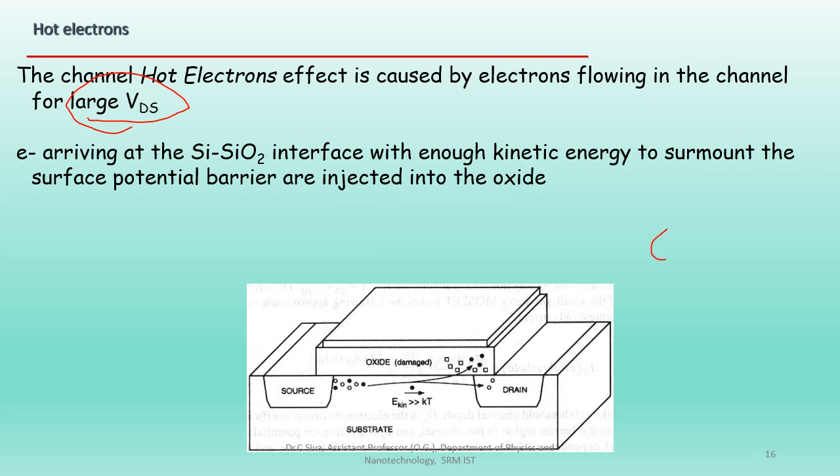The electrons go into the SiO2 layer. This leads to permanent device degradation, threshold voltage shift, and reduced lifetime of the device.